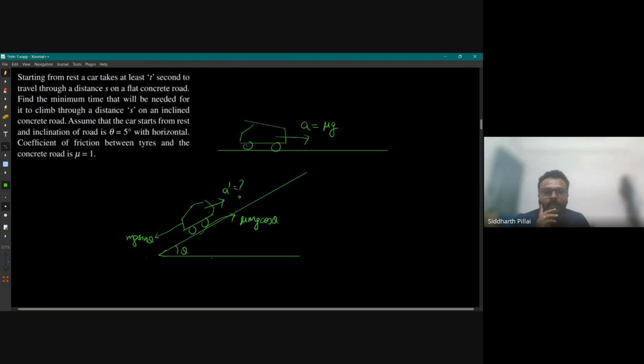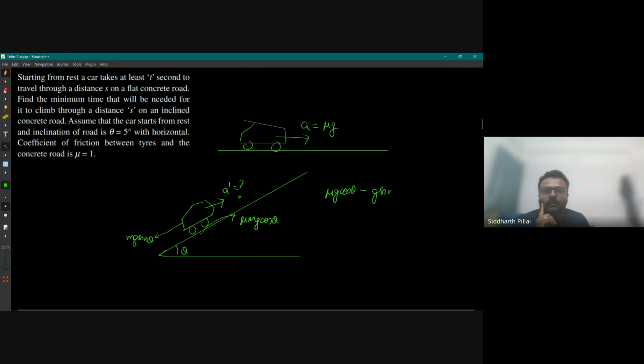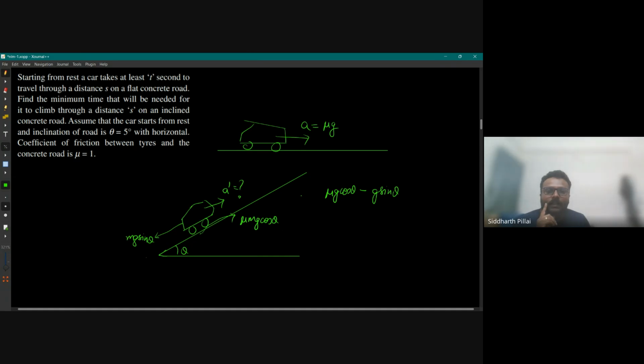So what is the net acceleration then? You will get mu g cos theta minus g sine theta. This would be the acceleration on the inclined plane.